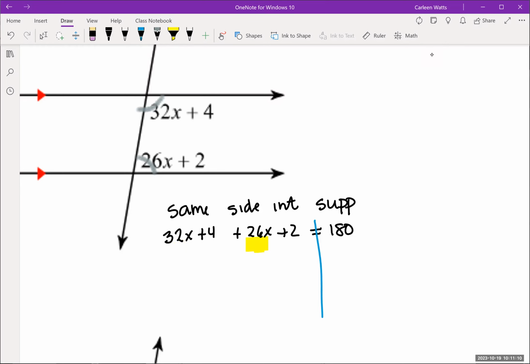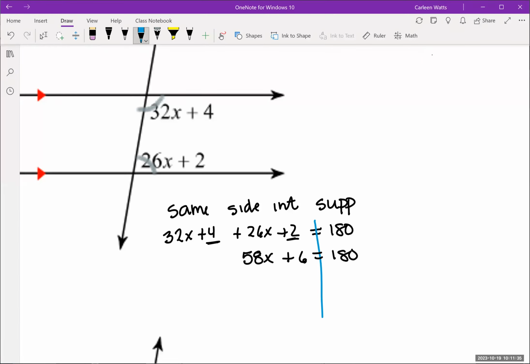Combine like terms. So 32 and 26 is 58. Okay, we're going to combine those. Plus 6 is equal to 180. That was the combine like terms step.